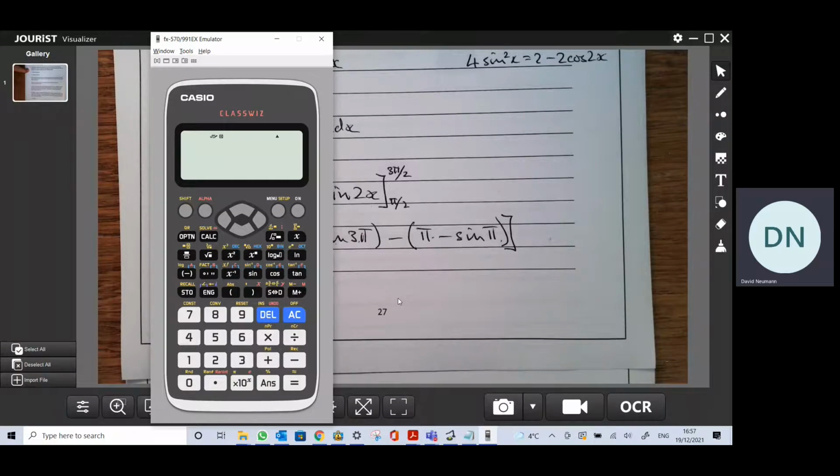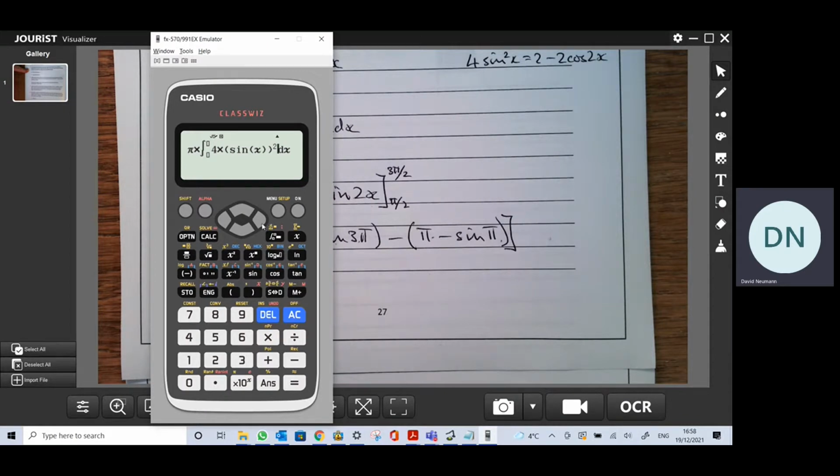So what we can do now is put in the integral. We want pi times the integral of 4 times sine squared x. Now, sine squared x, we're going to have to put in sine of x, close that bracket, and then square it.